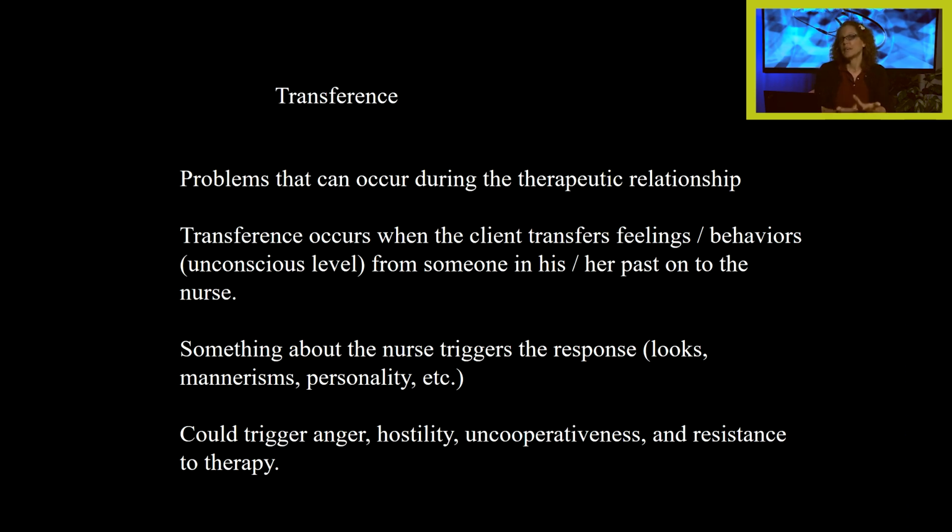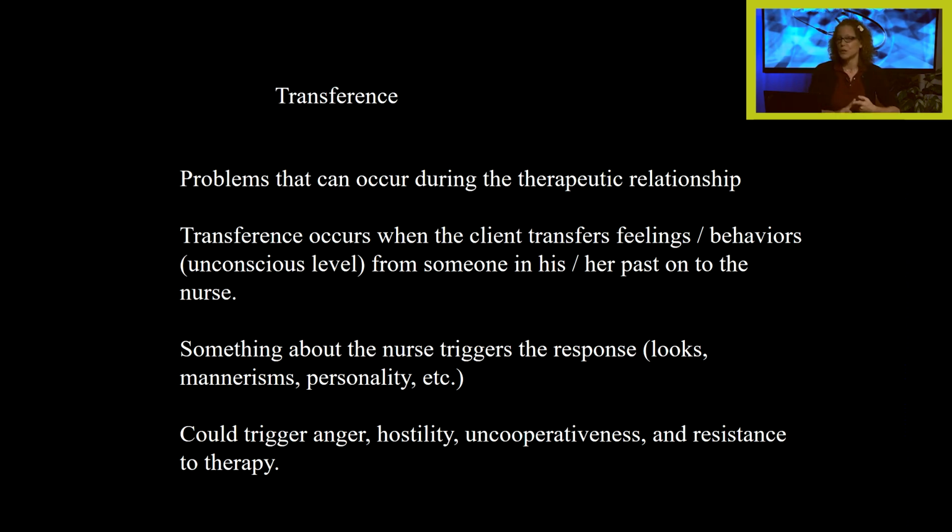So there's something called transference, and what this means is when there's a problem in the therapeutic relationship, when the client transfers feelings, behaviors, it's not necessarily conscious, it can be on an unconscious level, from someone in their past onto the nurse. So something about the nurse triggers a response from the patient.